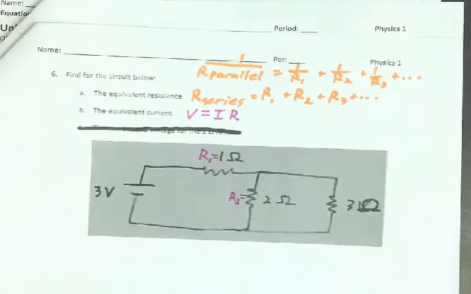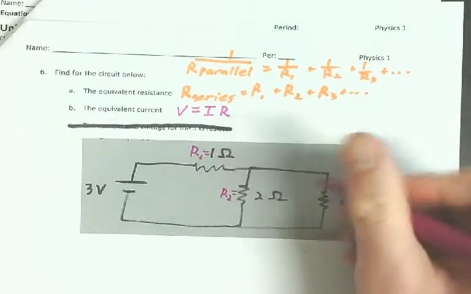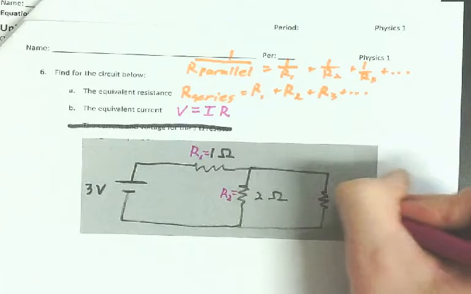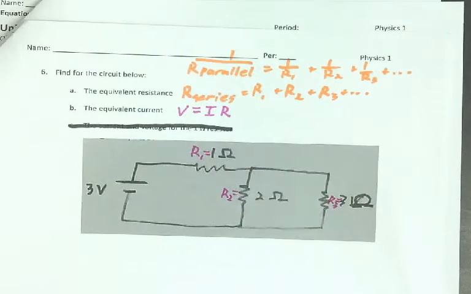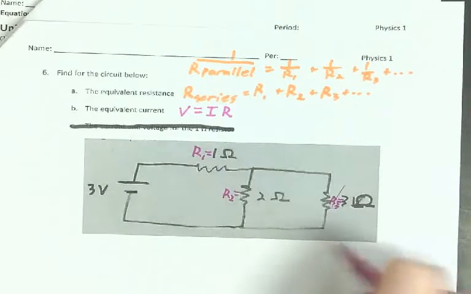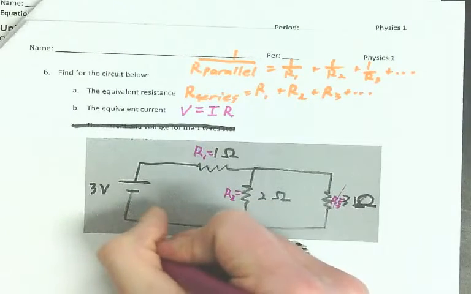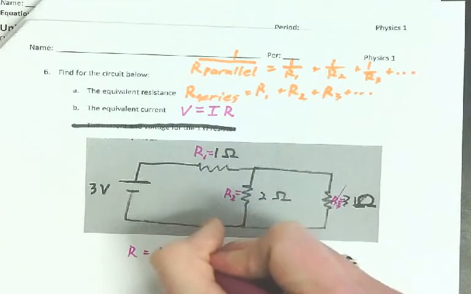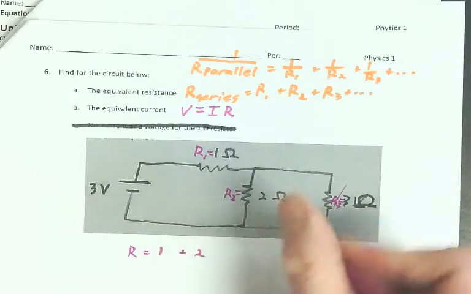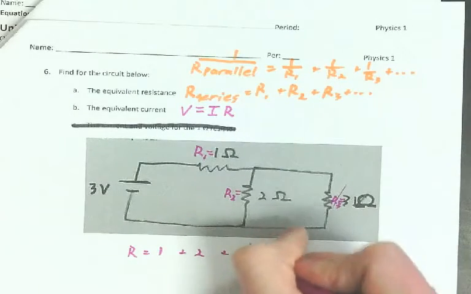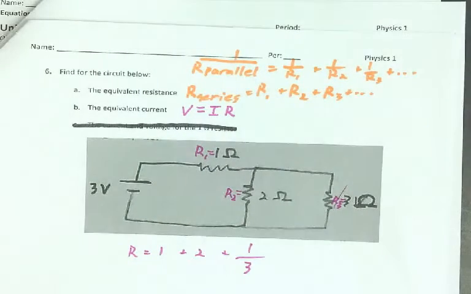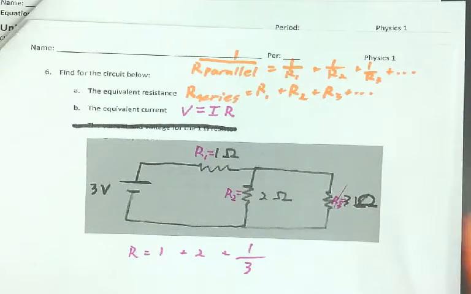It goes right from R1, I guess. And then R3 looks like that one's in parallel, maybe. It splits and it goes this way. So if that's the case, I would say R equals 1 plus 2, since those are series, plus 1 over 3, since that's parallel. And then I would solve and get a number.